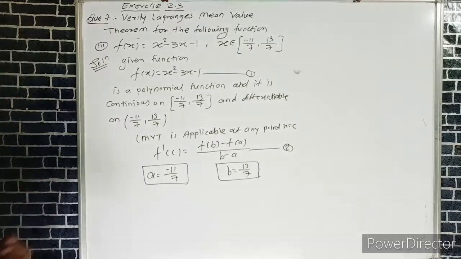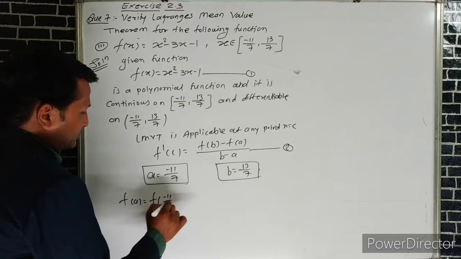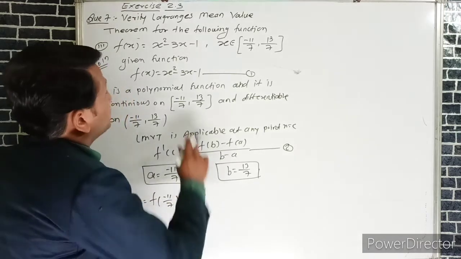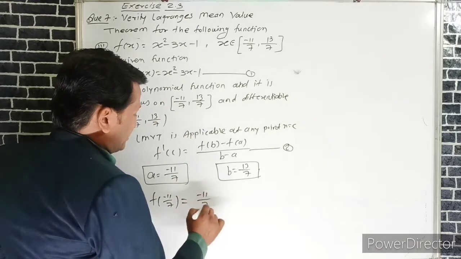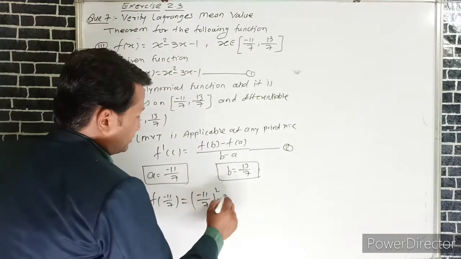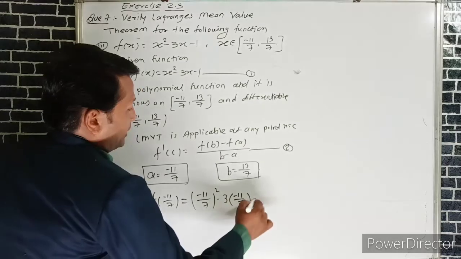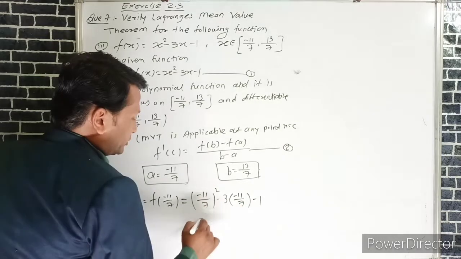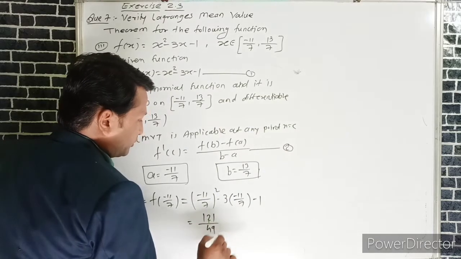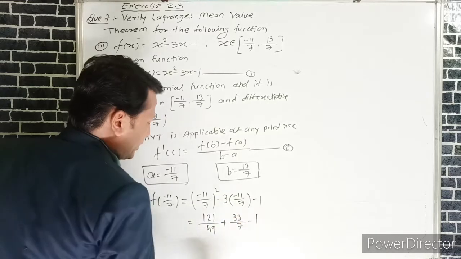From these values of a and b we can find f of a, which is f of minus 11 by 7, equal to minus 11 by 7 whole bracket square, again minus 3 into x, that is minus 3 into minus 11 by 7, minus 1. So square of 11 is 121 upon square of 7 which is 49, minus minus plus 11 into 3 is 33 upon 7, minus 1.